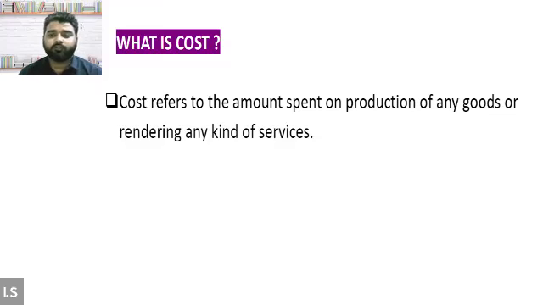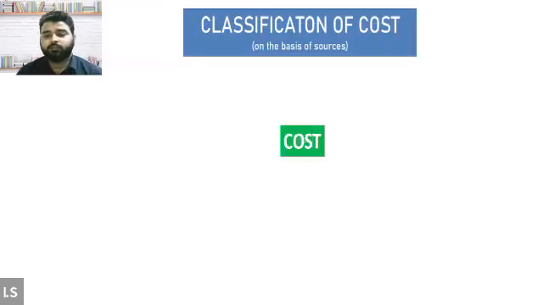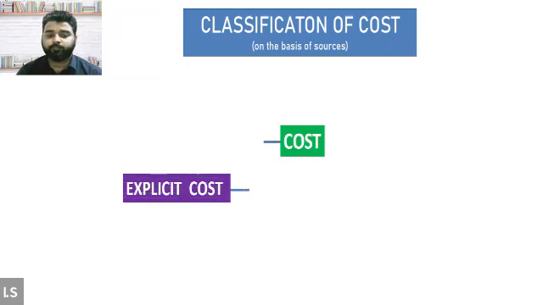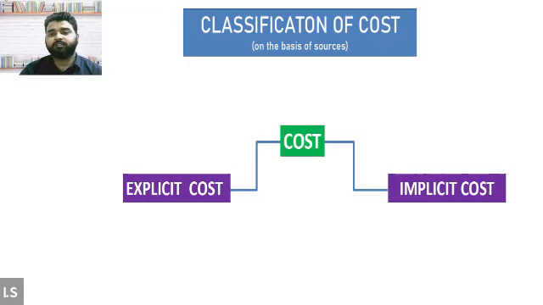So cost can be broadly categorized into two parts. On the basis of sources, we have two types of cost: explicit and implicit cost. Explicit cost means the cost incurred on acquiring the factor of production from the market, or the payment for the factor made to some outsider.